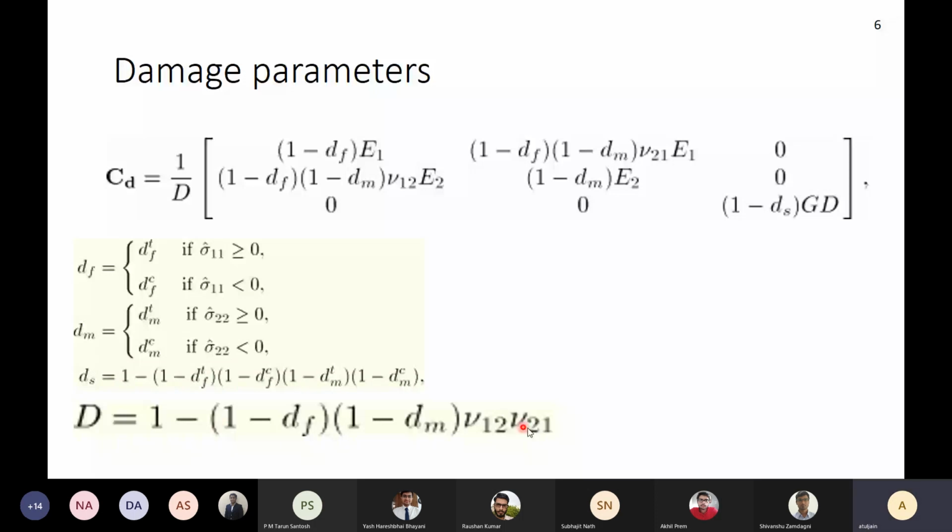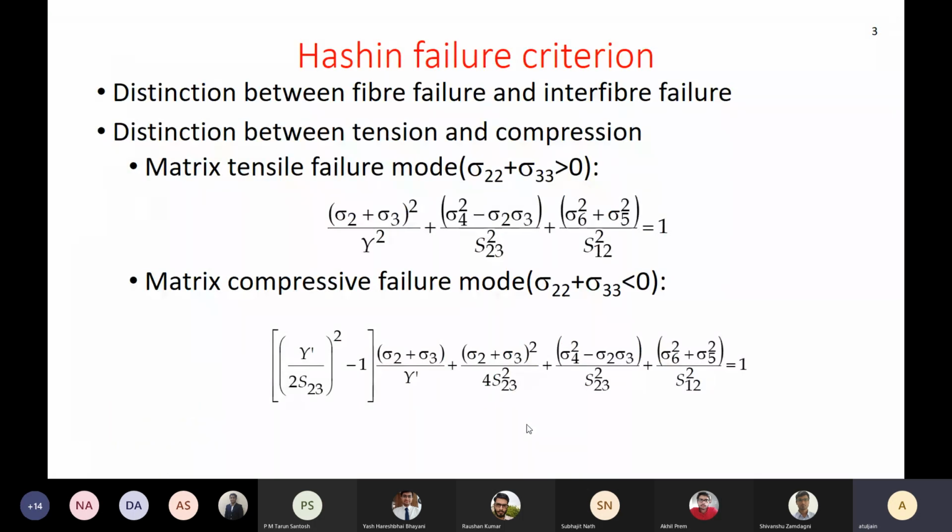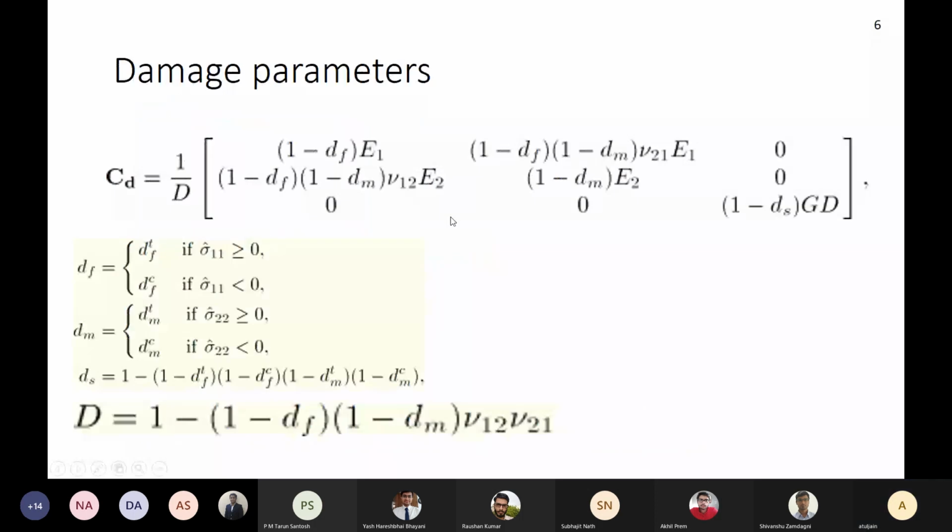So basically what Abaqus is going to do is, for a certain state of stress, check whether it has failed, and if so due to which mode: matrix tensile, matrix compressive, or fiber compressive or tensile, and depending on that alter the constants E1, E2, or the different terms that are there. I think this is the inverse of the Q matrix that we are looking at.